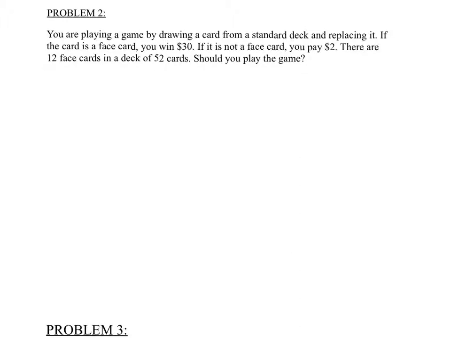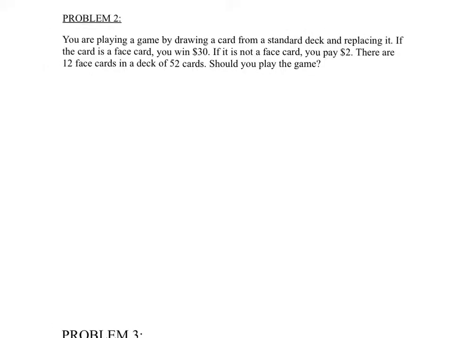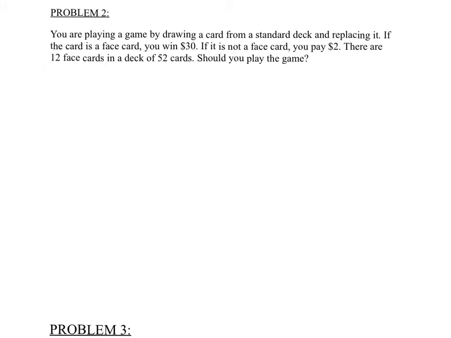Okay, so now first of all, let's understand the question. So obviously there is a gain, right? And if we think about it, the probability that we win, right? So the probability of winning, it's when x equals the win, then that would be 12 out of 52.